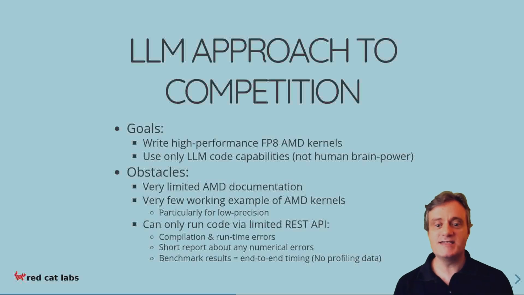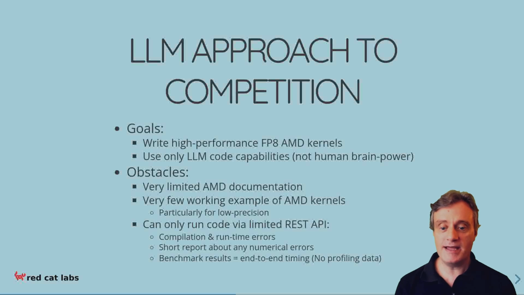The obstacles here are that there's very limited AMD documentation. There are very few examples of AMD kernels, particularly for this low precision, and we can only run code via very limited REST APIs. I don't have access to one of these AMD server chips myself, but the competition has an interface whereby you can submit code and get compile time errors or whatever back.